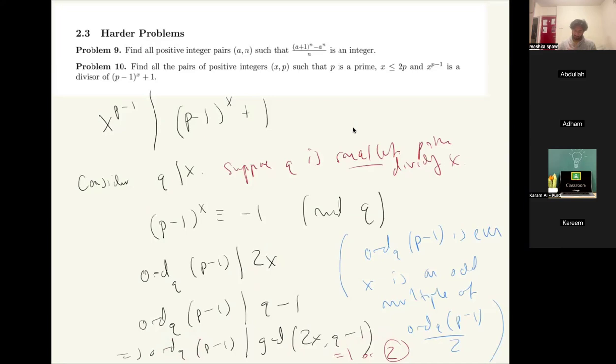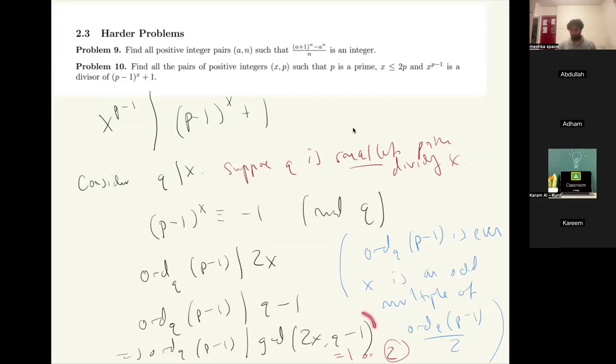The order is 1 or 2, but it cannot be 1. Why can't it be 1? Because I know the order is even. If the order was 1, I couldn't have p minus 1 to the something equals minus 1. But we could have that if q is 2.